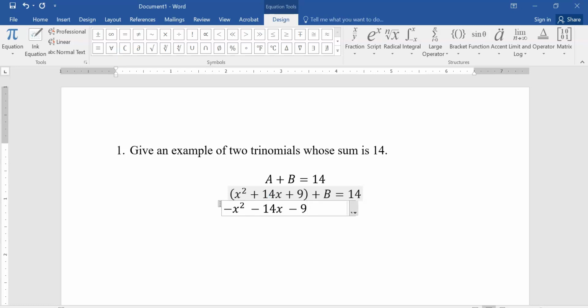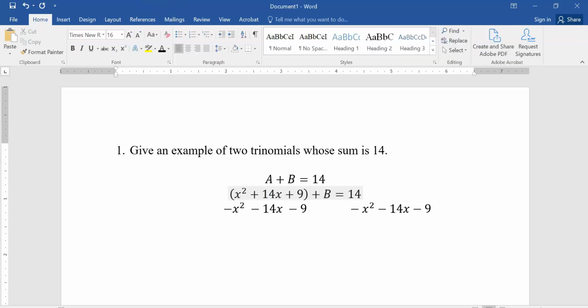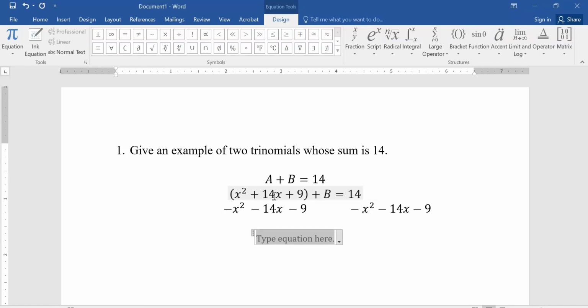You do that to the left side, and then you'd also do that minus x squared minus 14x minus 9 to the right side. All right. And what you would end up with is B equals minus x squared minus 14x plus 5.